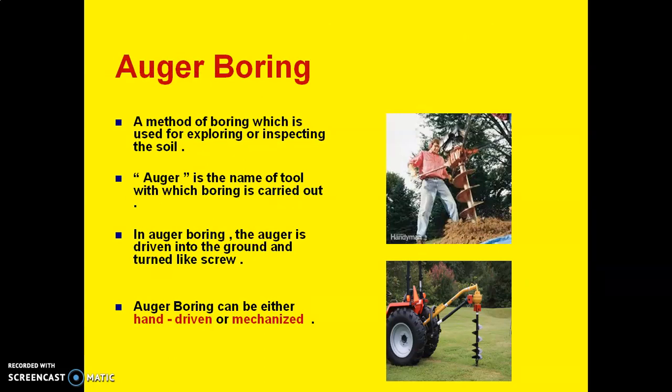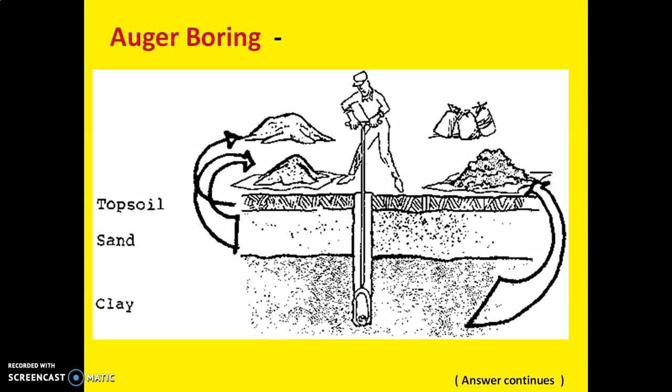Auger boring is a method of boring which is used for exploring or inspecting the soil. Auger is the name of the tool with which boring is carried out. In auger boring, the auger is driven into the ground and turned like a screw. Auger boring can be either hand driven or mechanized. Auger boring works by simultaneously jacking the casing pipe while the rotating auger removes the excavated soil.